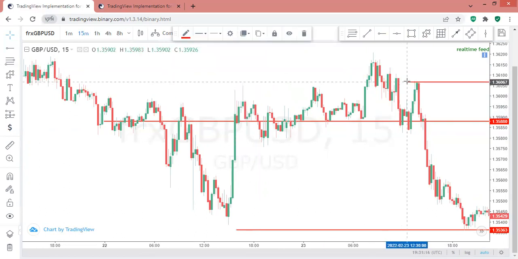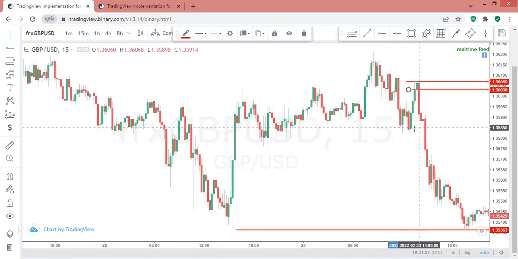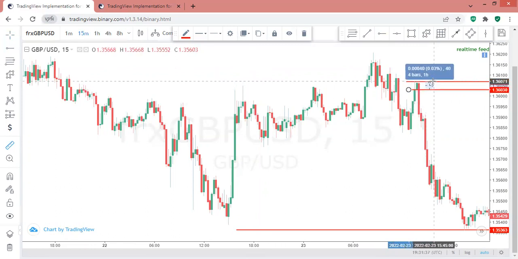Just imagine now on 15 minutes. Look at the way I've narrowed, the way I've zeroed in on my entry. I think you can see this is the last up candle before the sell. Now let me measure the number of pips. How many pips?